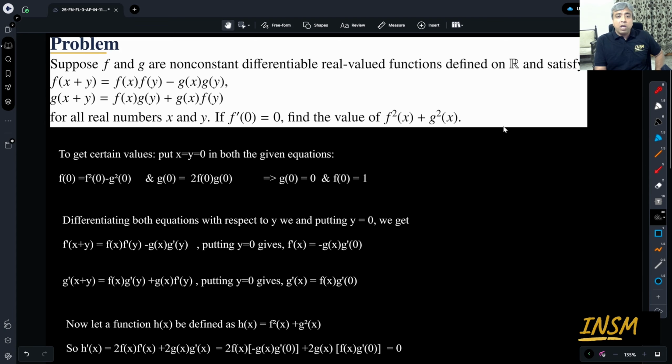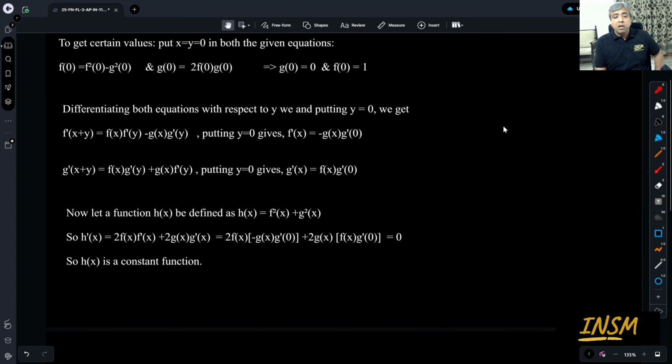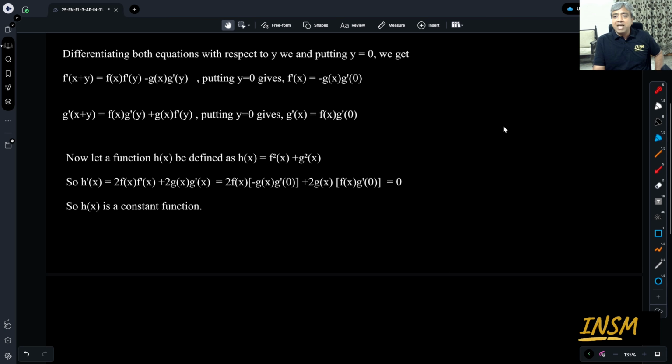To find the nature of f square plus g square, we define another function h, which is defined as f square plus g square. So for the combined behavior, we differentiate h. Applying the chain rule, we get h dash x as 2 f x f dash x plus 2 g x g dash x.